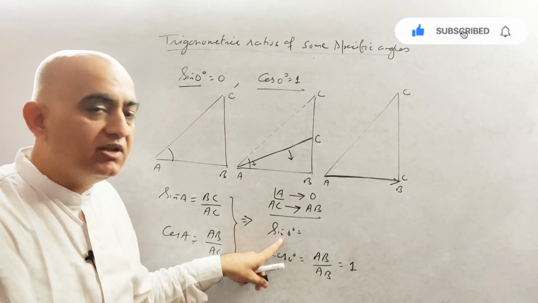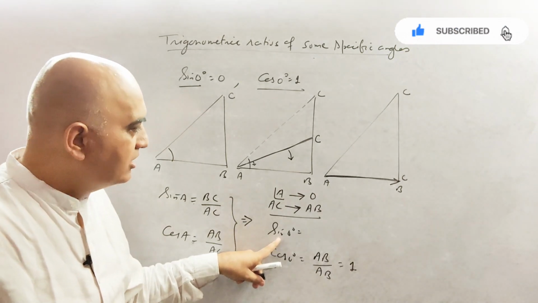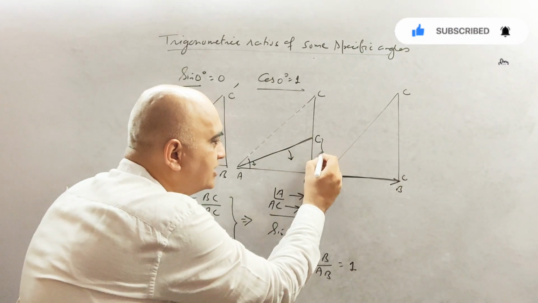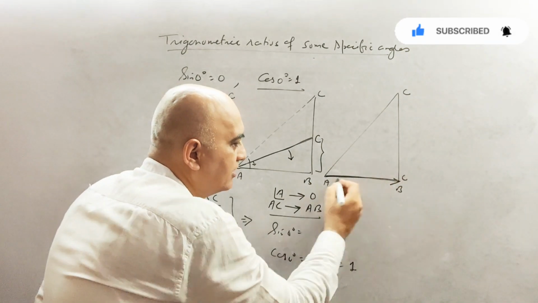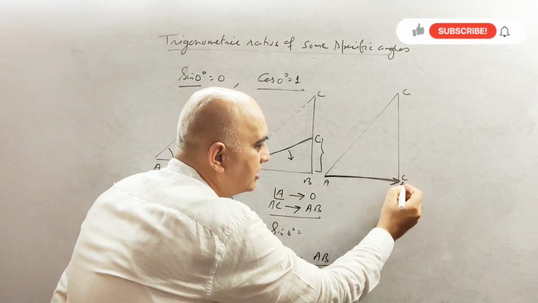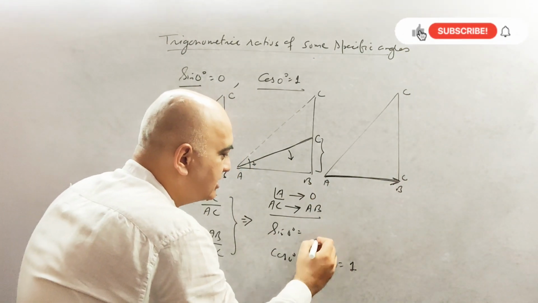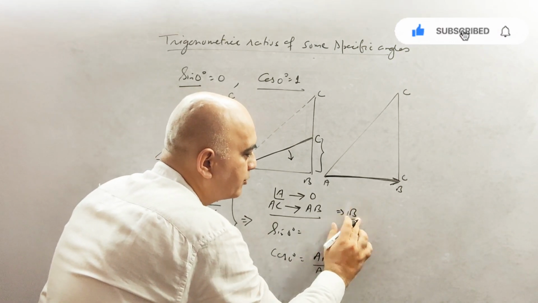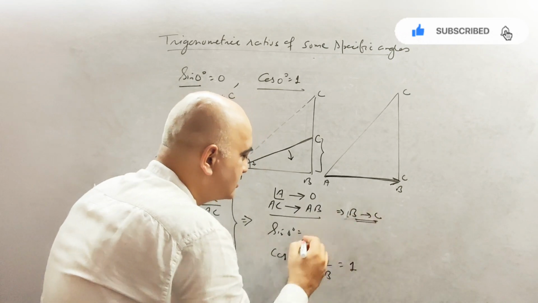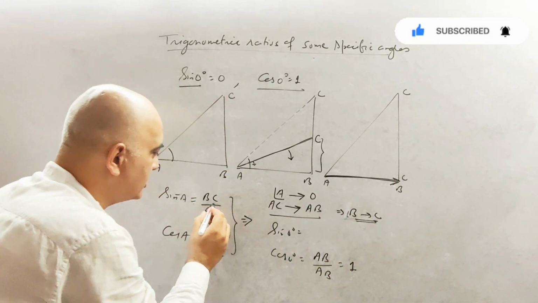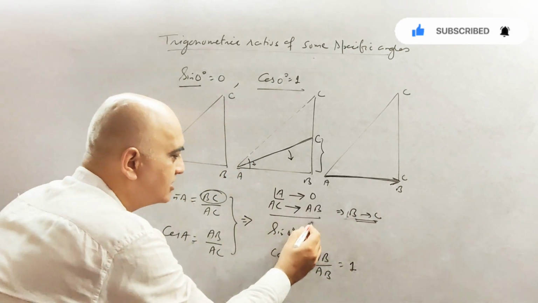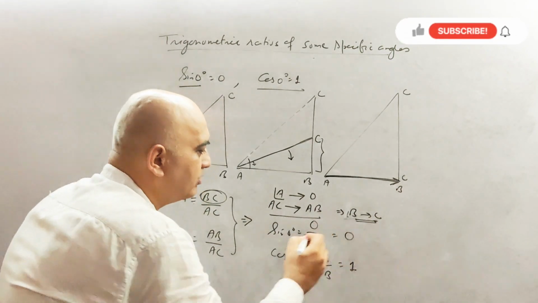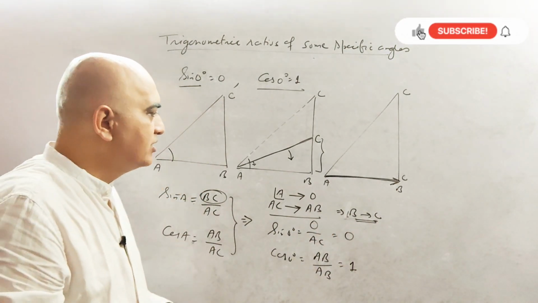But how can we find out the value of sine 0? Again, we have to see that BC becomes 0. When AC becomes AB, then where is BC? Point B is approaching point C, meaning this value becomes 0. So if BC becomes 0, then it is 0 upon AC, that will be 0. So there is a simple concept.